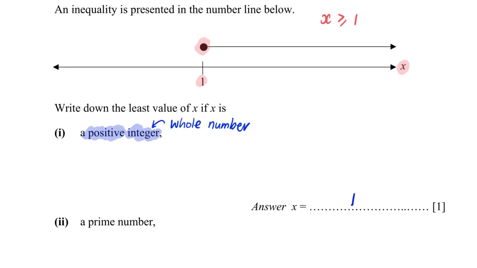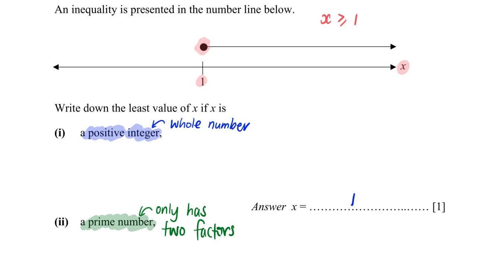Well, the next one, since I know x is bigger or equals to 1, what is the least value of x if x happens to be a prime number? A prime number only has 2 factors, 1 and the number itself.